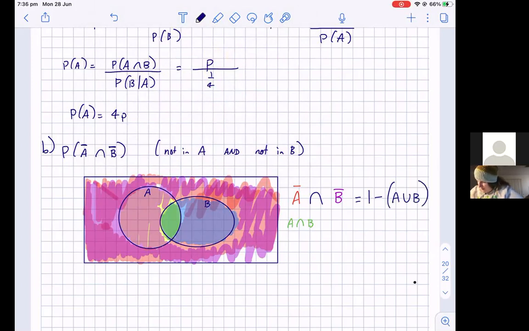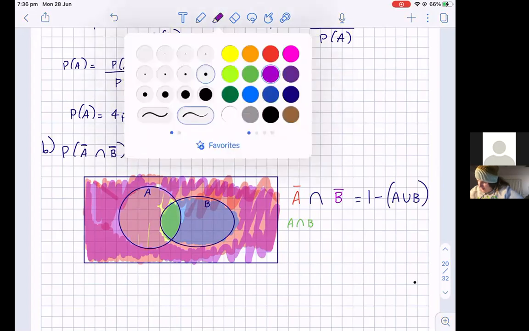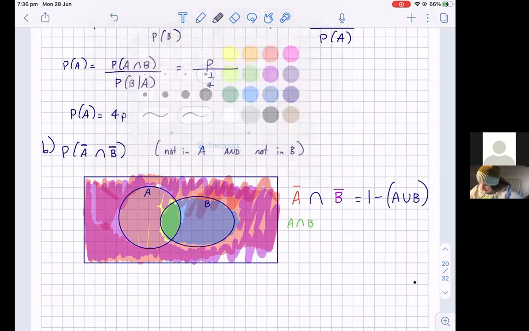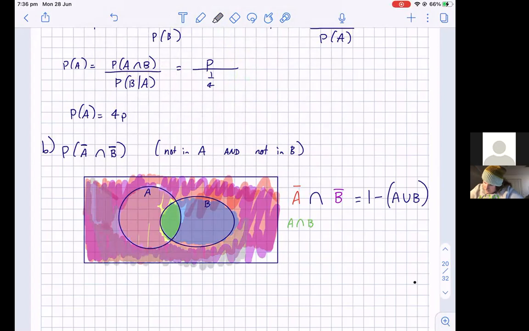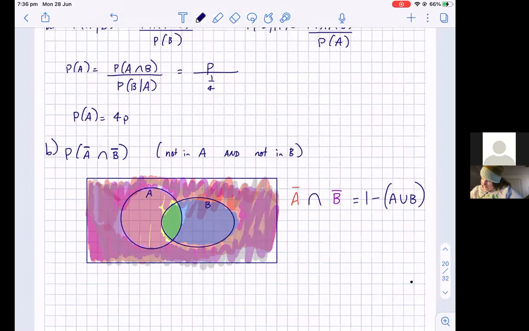So you can see by coloring it in that we're just after the outside of the whole thing. Okay, so we want the stuff that's not in either.